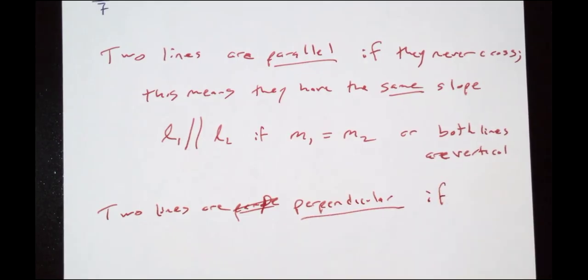What does it mean for two lines to be perpendicular? Well, more than just they cross. They cross in a special way with a 90-degree angle.